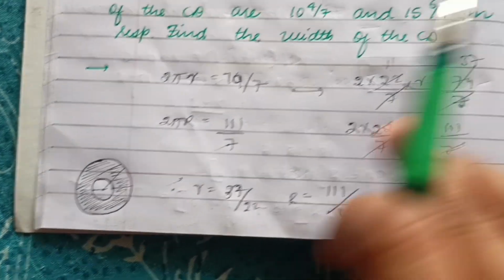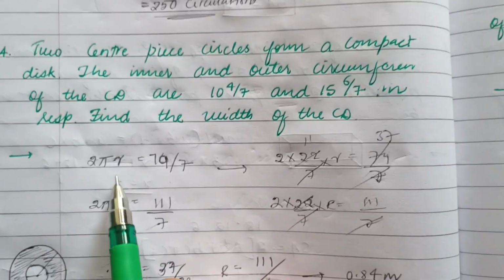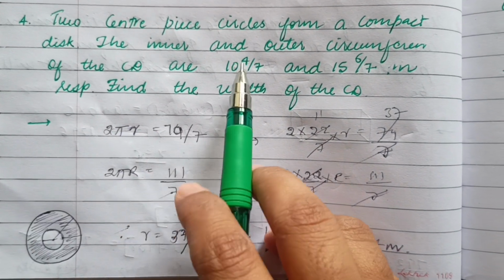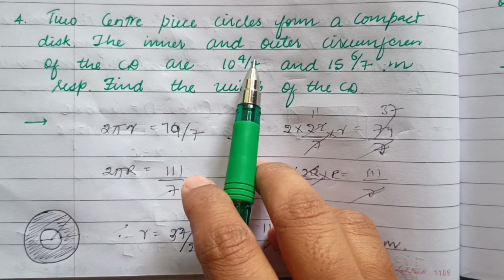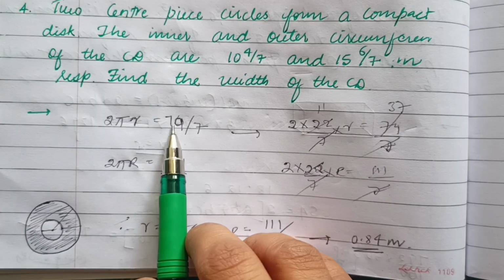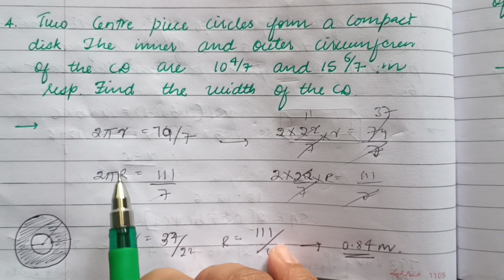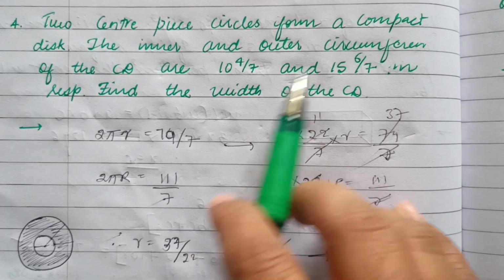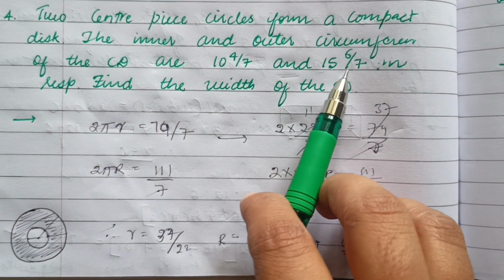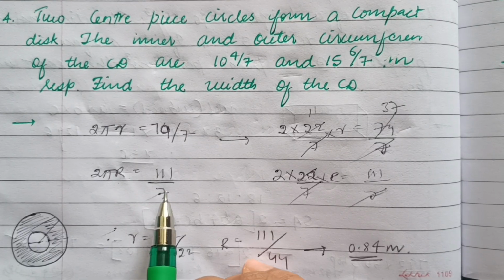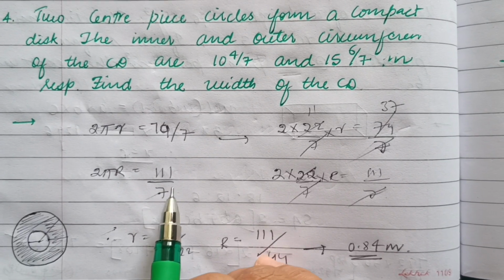Then here we know that the circumference of a circle is 2 pi r. If I make it a proper fraction, I will get 74 divided by 7 for 2 pi r. This is the circumference of the inner circle. The circumference of the second circle, if I convert this into a proper fraction, will be 111 divided by 7.